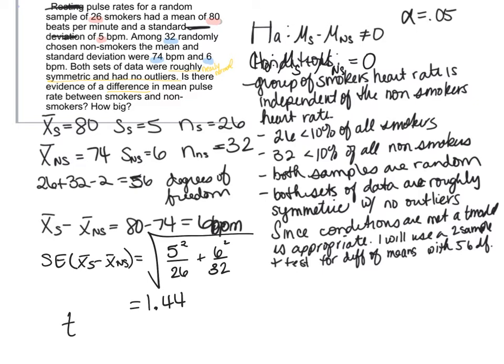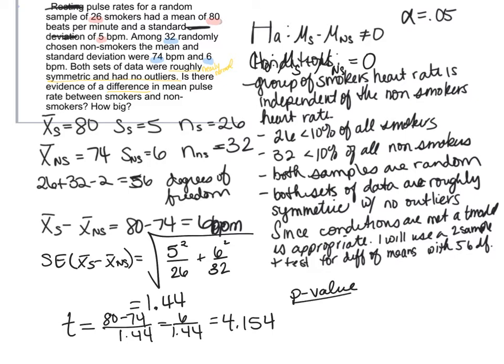And so our t-score is the difference, 80 minus 74, over 1.44, which is 6 over 1.44, which is 4.154. And then to find our p-value, we're going to do TCDF, and it's not equal to, so we're going to do our t-score comma 99, because our t-score is positive, so 4.154 comma 99 comma our 56 degrees of freedom, and then we're going to times that by 2 because it was a not equal to.